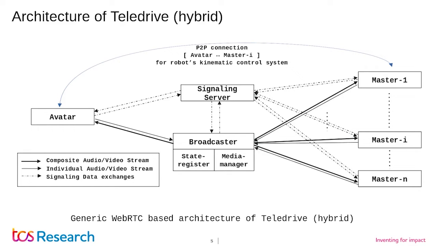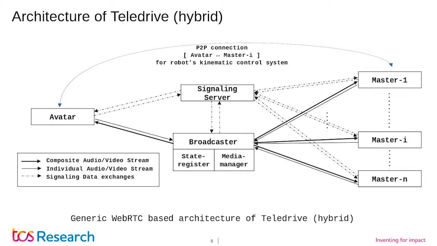First, every master peer and avatar will establish a connection with the broadcaster. As a whole, it will make a star topology, and the media manager will receive individual audio video streams from the avatar peer and each master peer, and then it will make these audio video streams a composite one, and send it to every other peer.